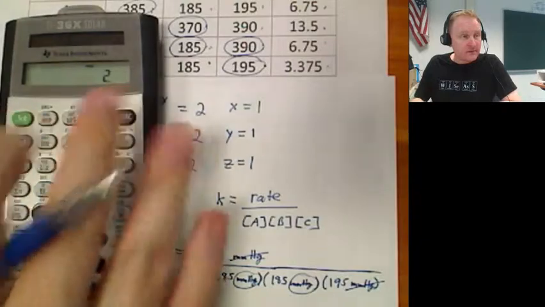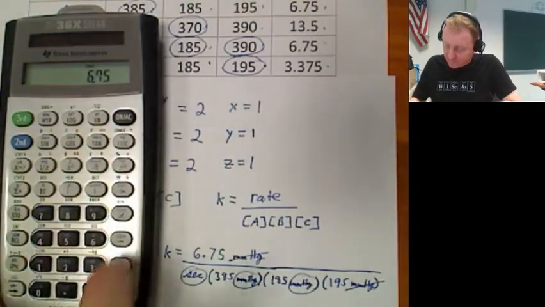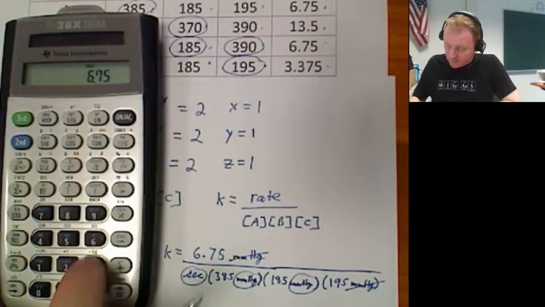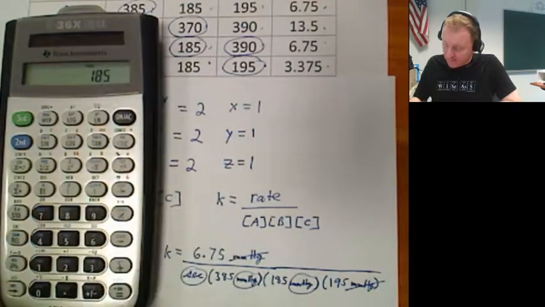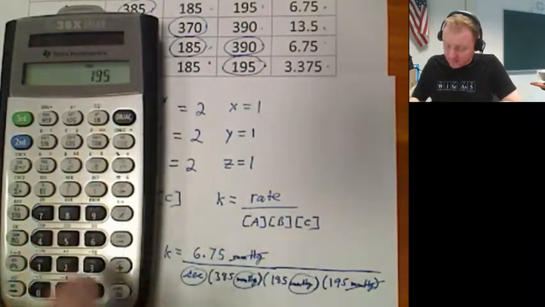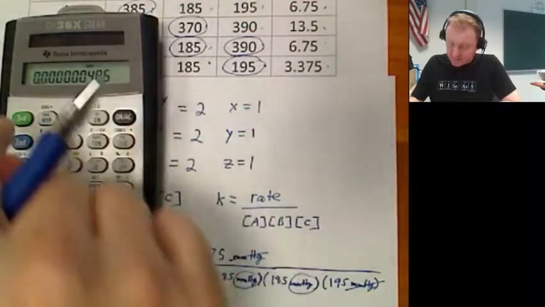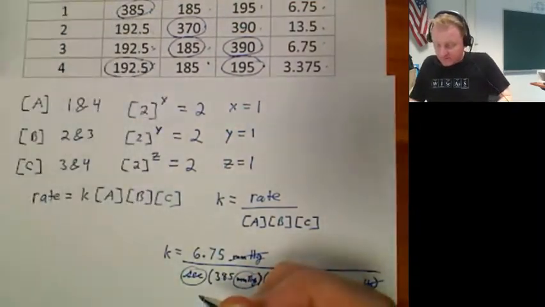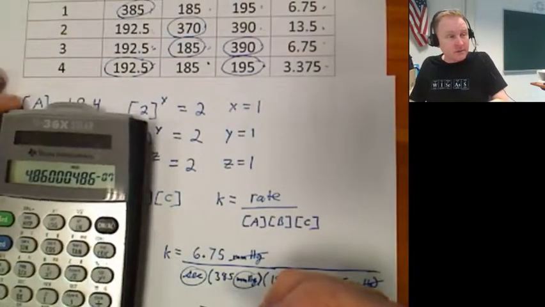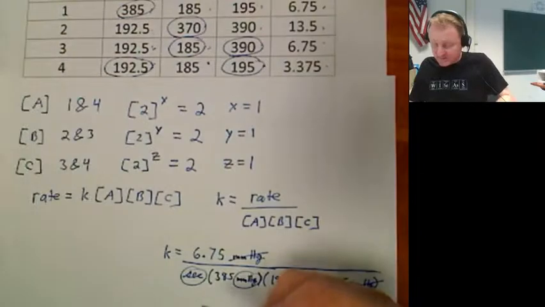So to solve this, 6.75 divided by 385 divided by 185 divided by 195, and I got a really small number, so I'm going to put this in scientific notation. So my answer for k is 4.86 times 10 to the negative 7th.